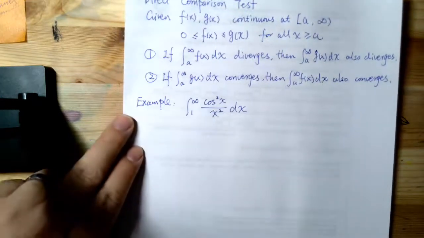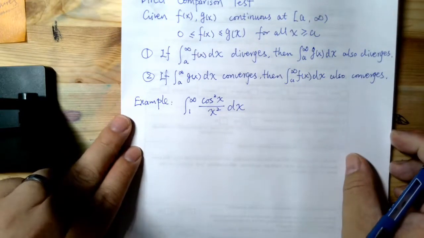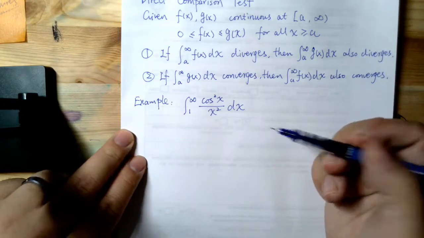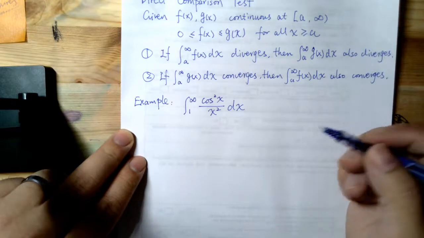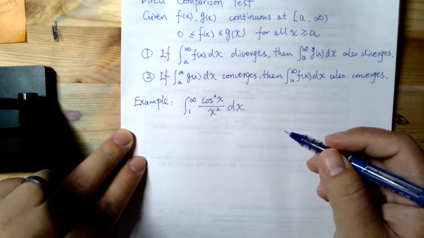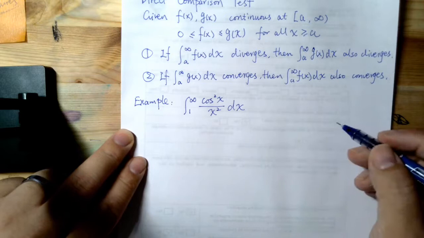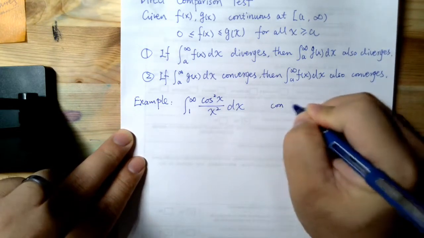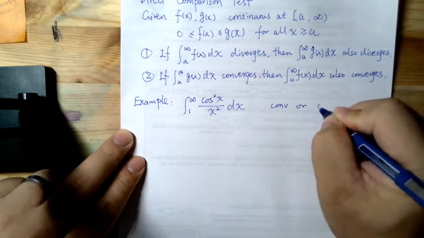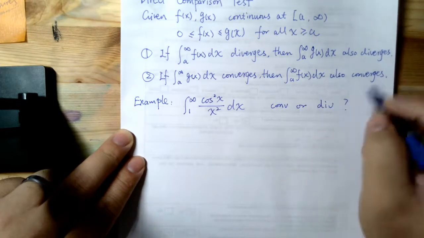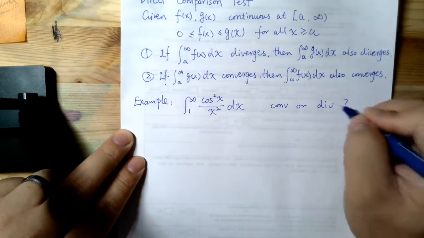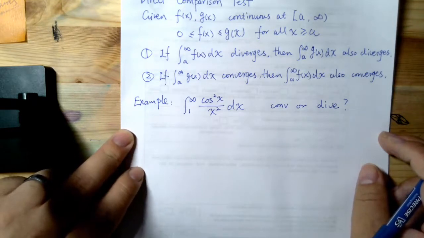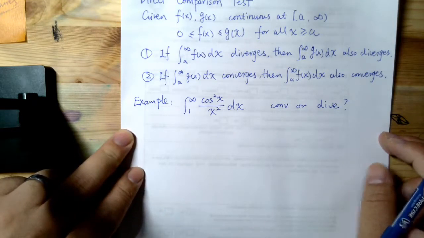Okay, and the integration for this one is not very straightforward, but if we only want to know whether this integral converges or diverges, we can use the direct comparison test. And how do we do that?